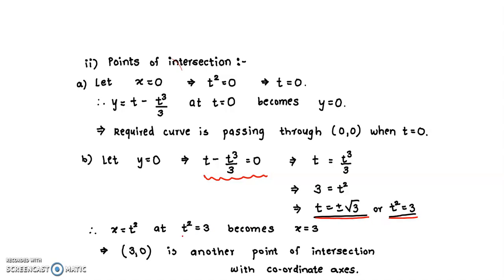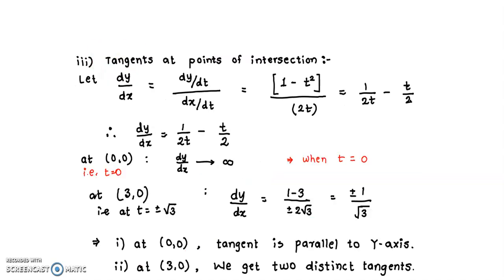Whenever t square equals 3, x is equal to 3, so this is our x-intercept. So we have two points of contact, one is the origin and the second one is (3, 0).